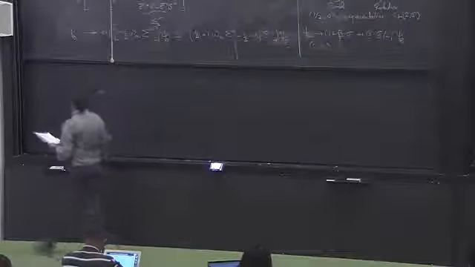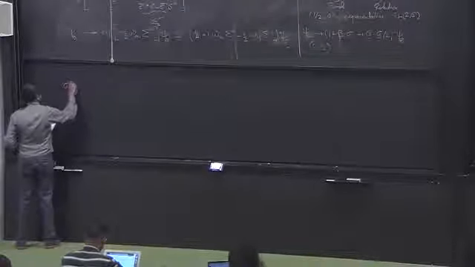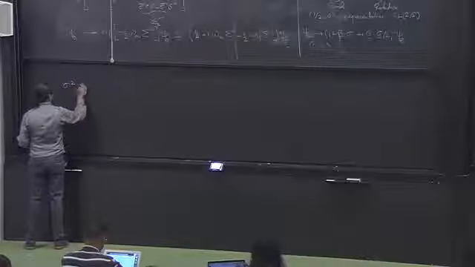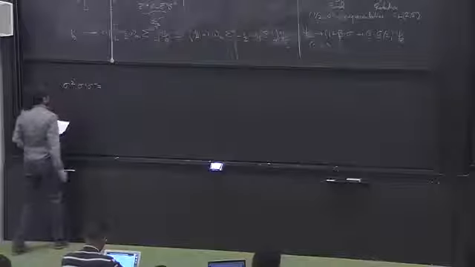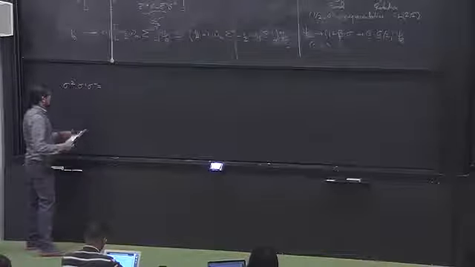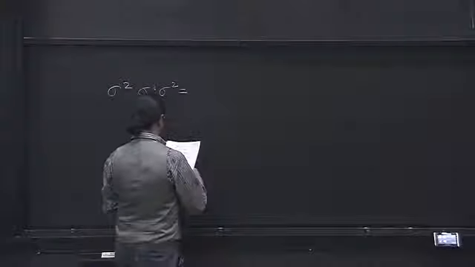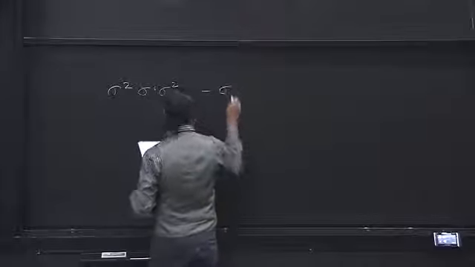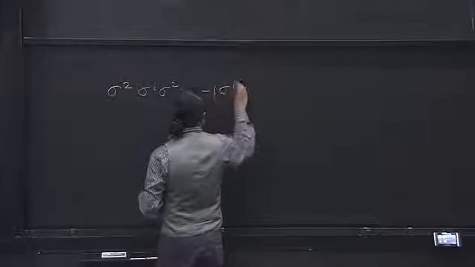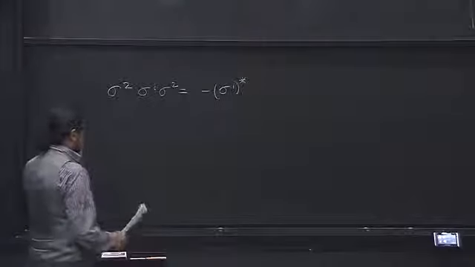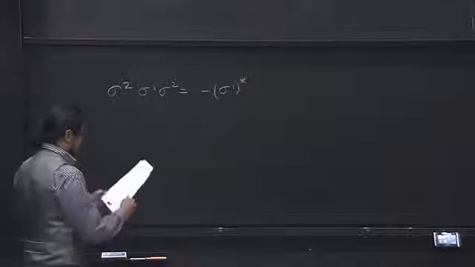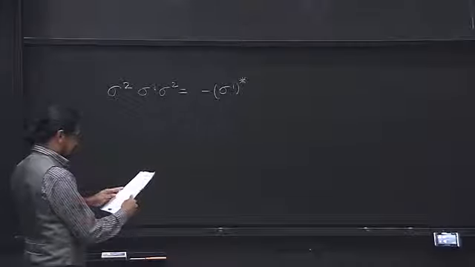By noting that if you sandwich the Pauli matrix between Pauli 2, then that is equivalent to taking the complex conjugate and multiplying it by -1/2.